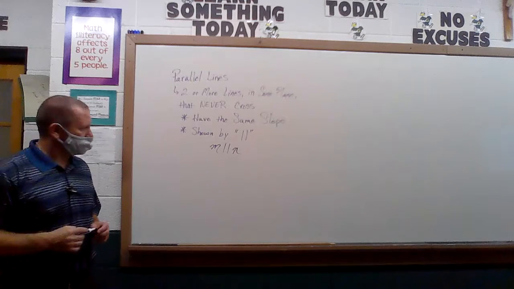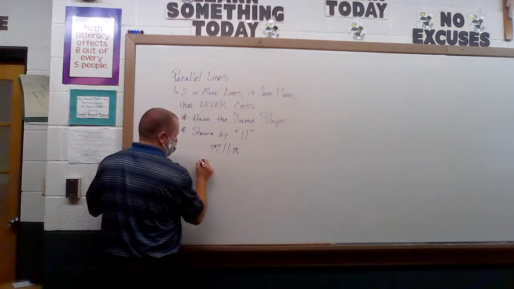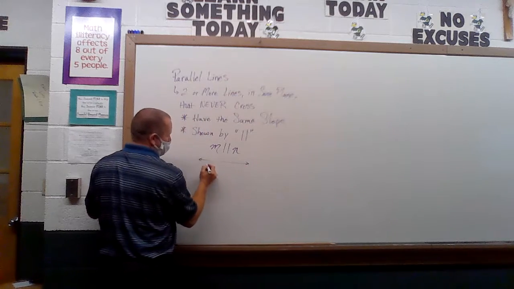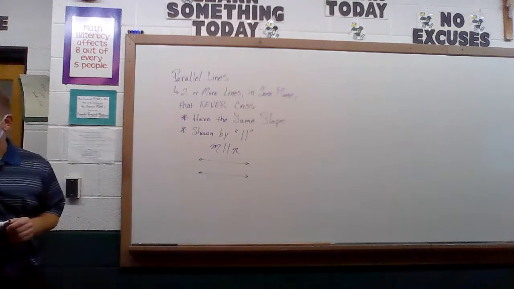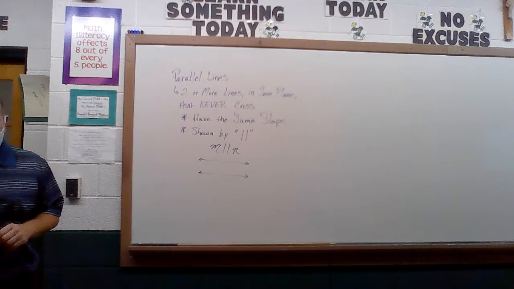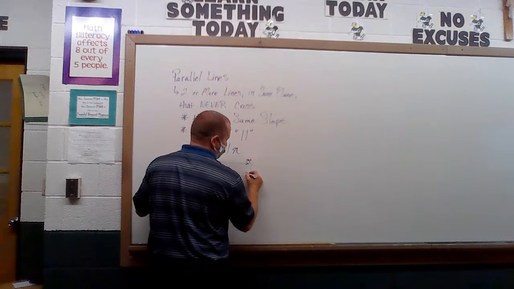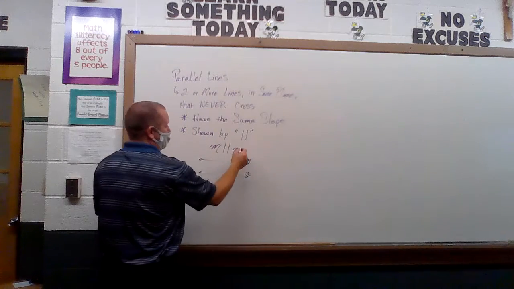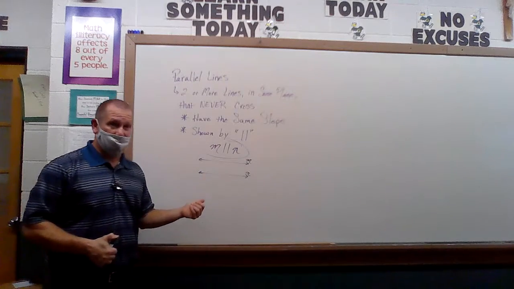And then we know that. On a diagram then, so if we were saying that M is parallel to N, how do I show it on my diagram? How do I tell everybody if this is line M and this is line N without saying this? How can I show everybody?